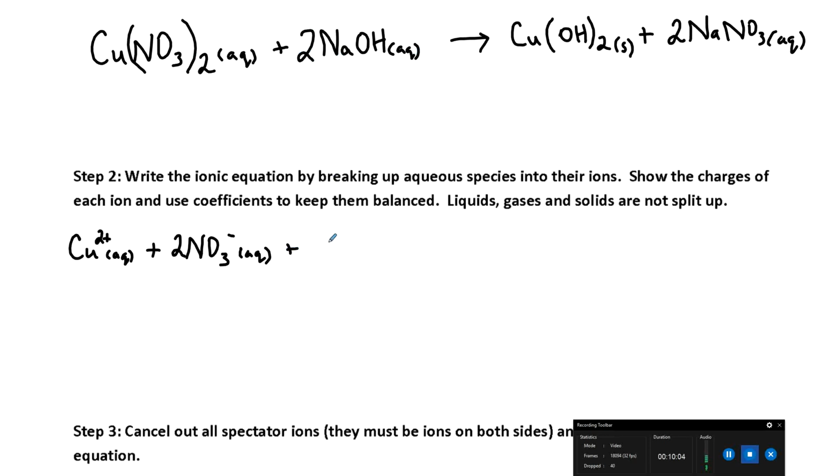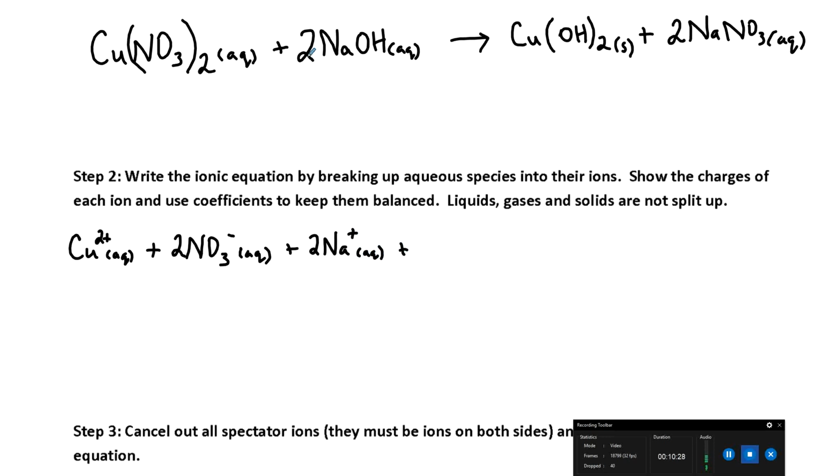For sodium, there's a 2 in front of this whole entire compound, so that 2 has to also be carried through down here. So I also have 2 sodium ions, each with a +1 charge.